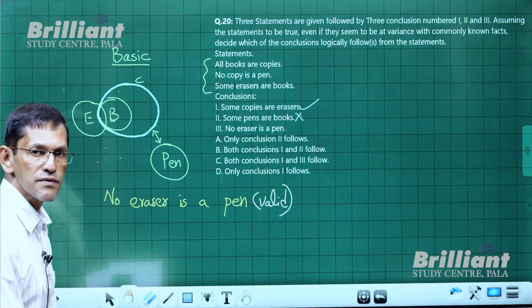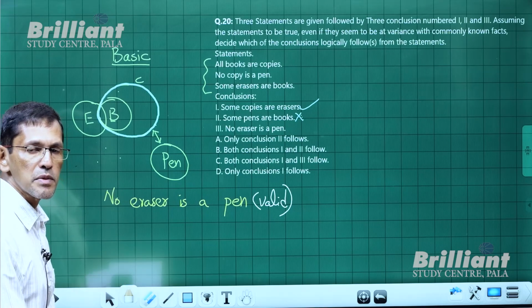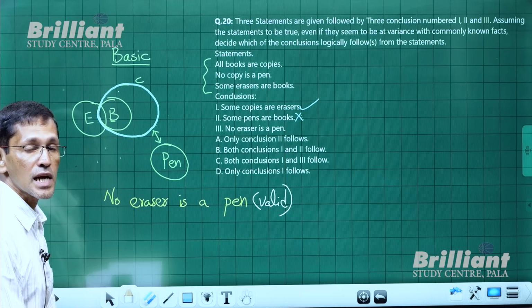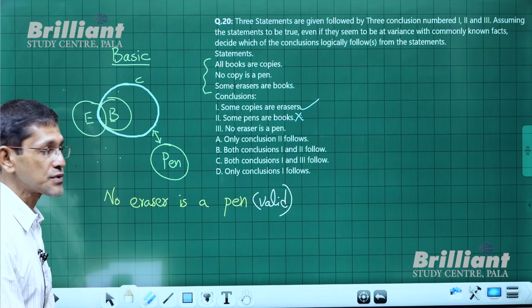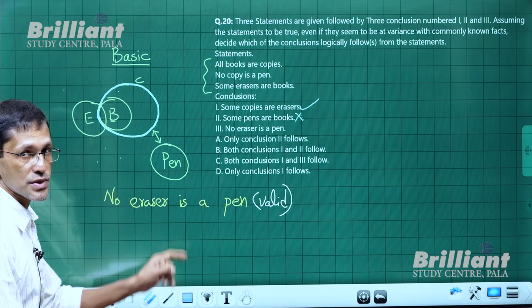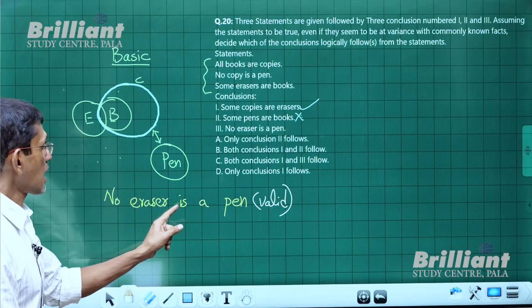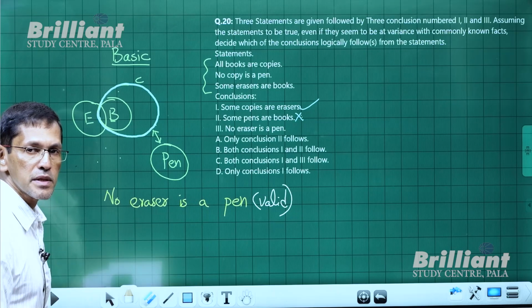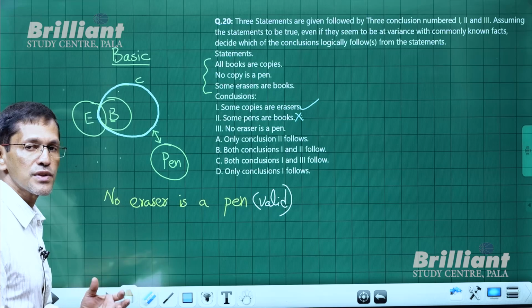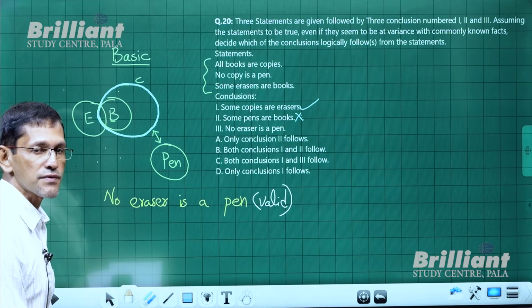If a negative conclusion is valid, do you remember what we have discussed earlier? A valid negative conclusion means we have to negate that conclusion. This is the third conclusion, so we have to negate it. When you negate a negative conclusion, it becomes a positive conclusion.